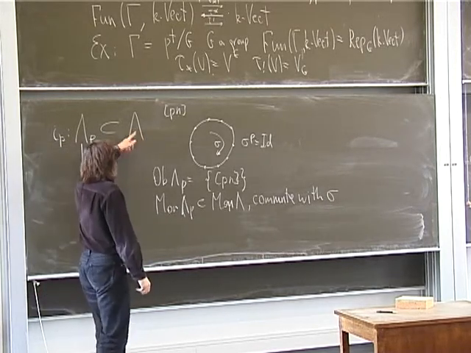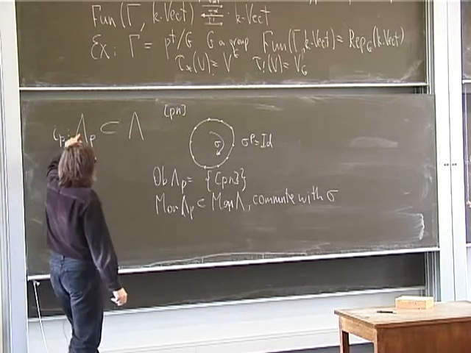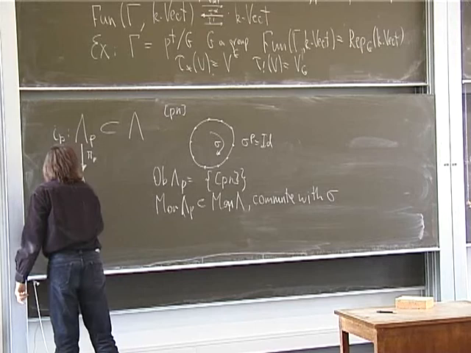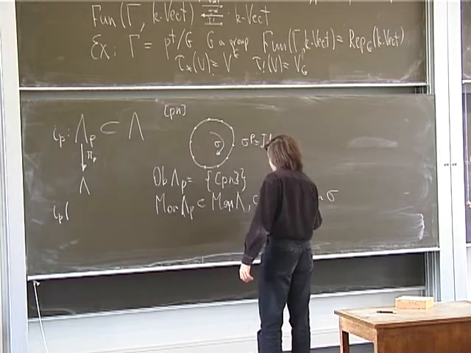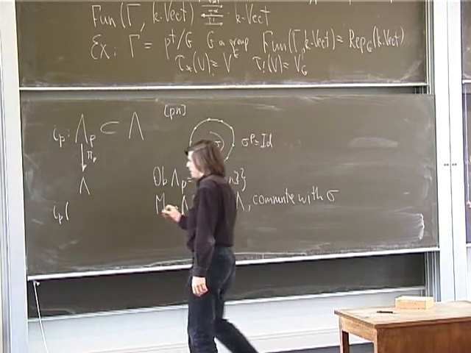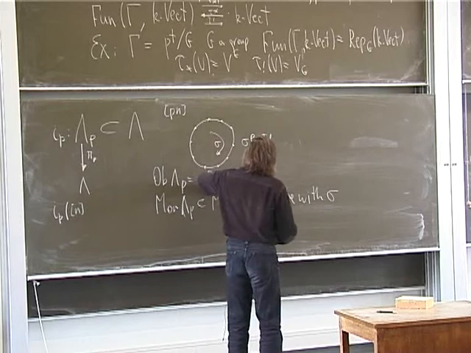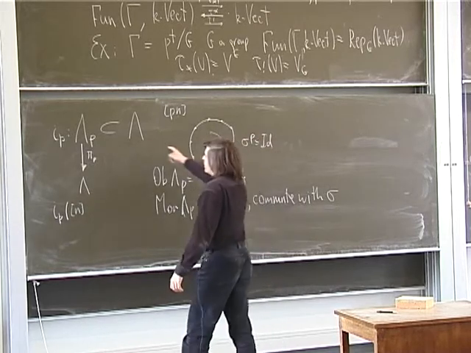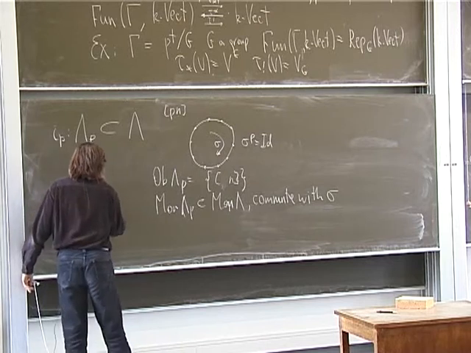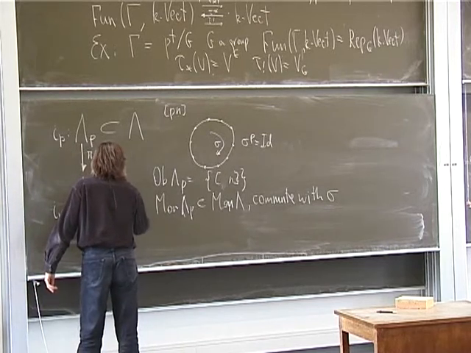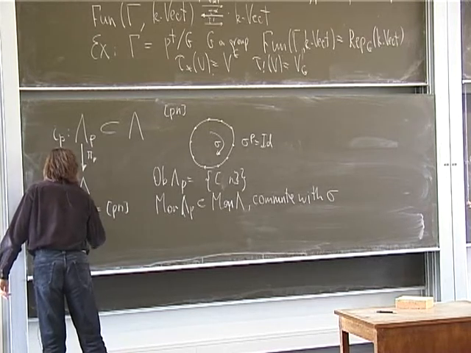So we have this category lambda, and we have this subcategory, which can in turn be mapped into lambda. In fact, maybe let me change the notation slightly. Let me number objects here also by integers, but then this embedding will multiply the number by p, and the projection will keep it the same.